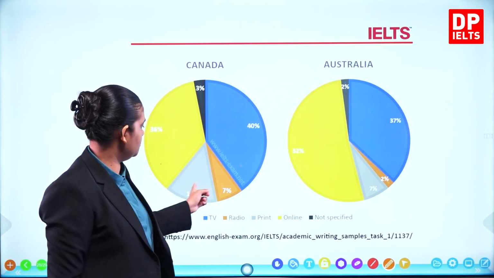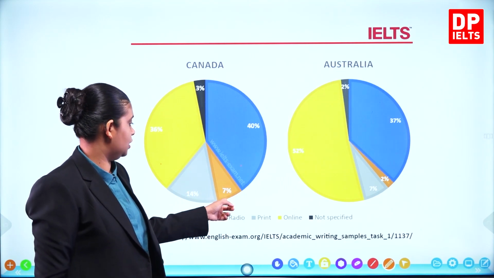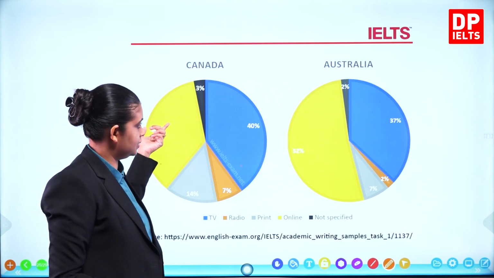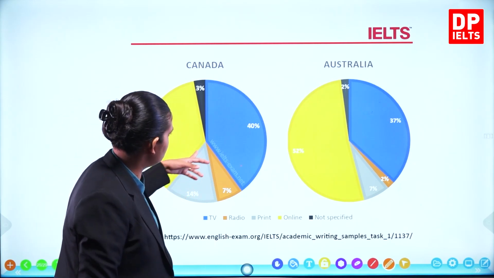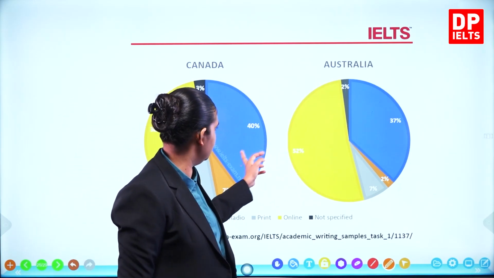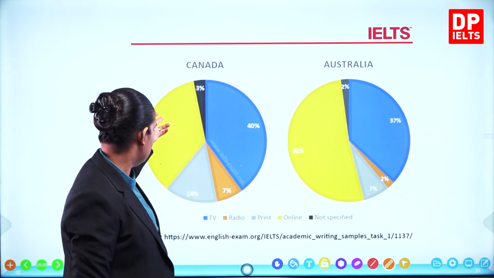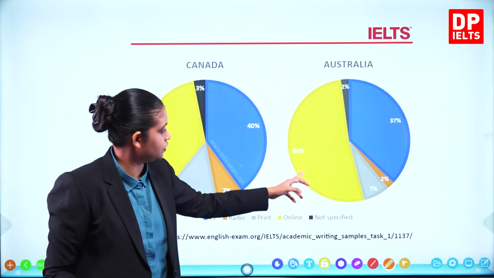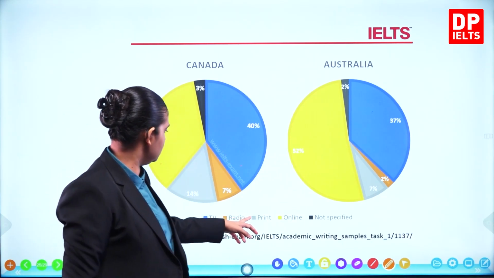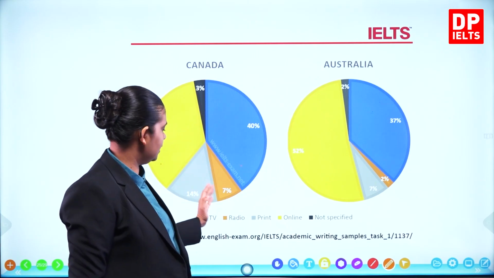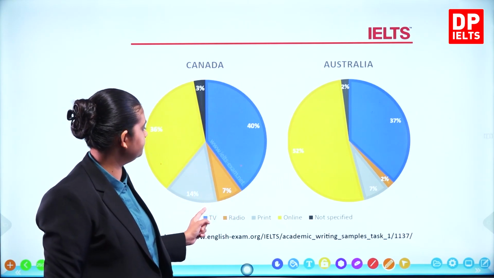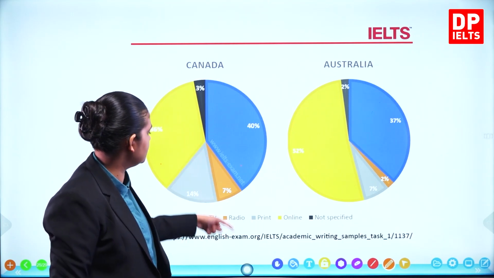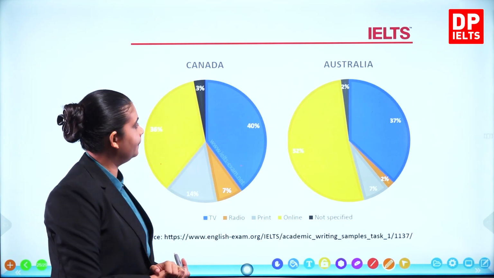And then print was only 14%, radio was 7%, and non-specified was just 3%. Whereas in Australia, it was quite similar in terms of TV, but online was much higher. So this was 36, this was 52, right? And then print was 7% less than what was in Canada, and then 2% non-specified and just 2% for radio as well.